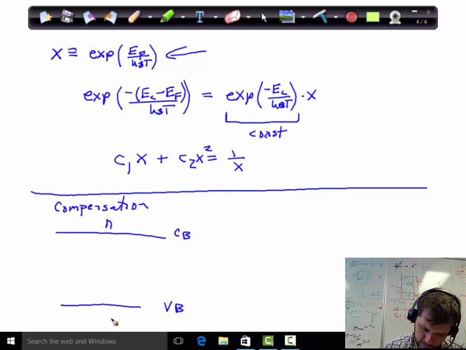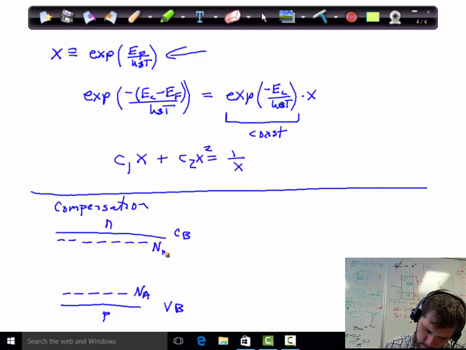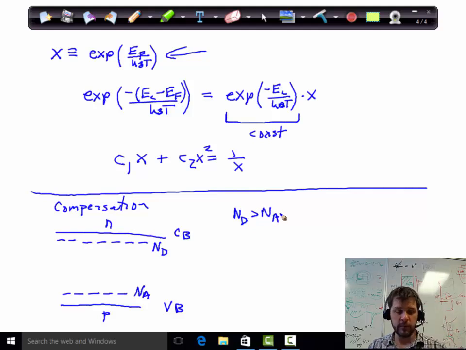You have your free electrons, you have your free holes, and then we're going to have some acceptors, Na, and we're going to have some donors, Nd. We're going to assume that Nd is bigger than Na, so we've still got an N-type material.